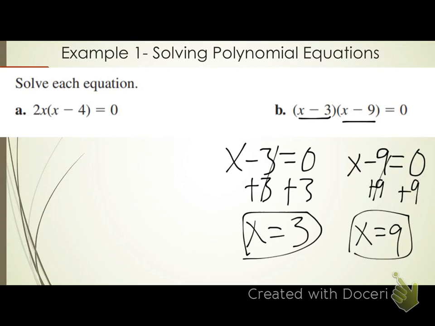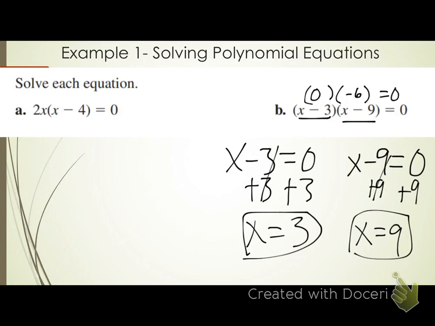Once again, if you're unsure about your answer or answers, you can plug it back in, see if you get a true statement or not. Plug 3 in. What's 3 minus 3? 0. 3 minus 9? Negative 6. What's 0 times negative 6? 0. 0 equals 0?